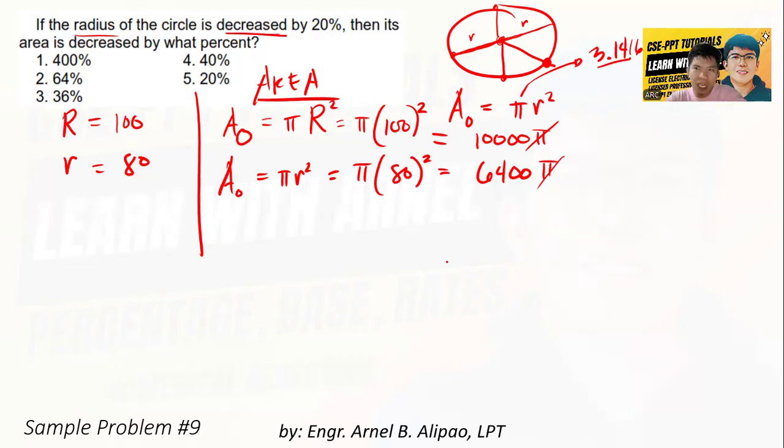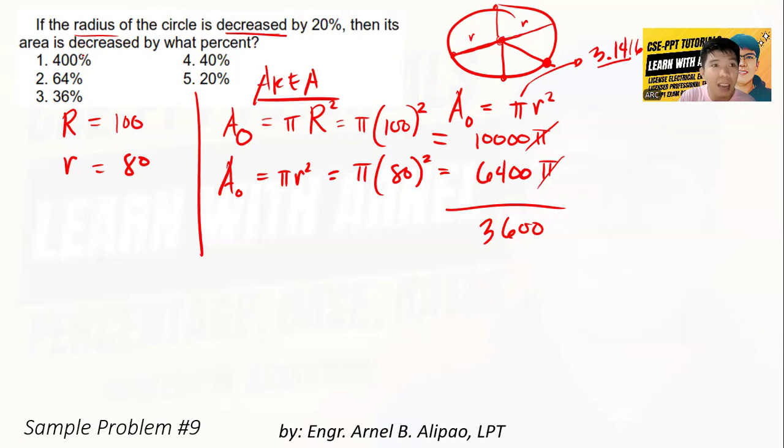So now, what's the difference between the two? You have the original area, which is 10,000. And then after the reduction of 20%, you get 6,400. So what is left? What's the difference? 10,000 minus 6,400, we have 3,600. That's the difference. So that is the amount of the area that is taken out, that is decreased.